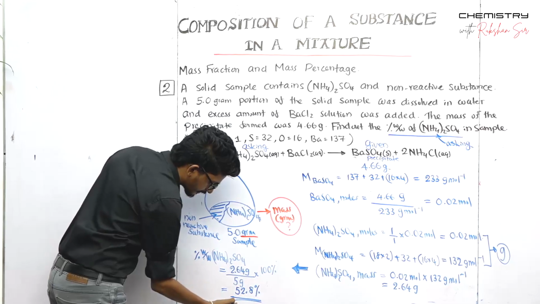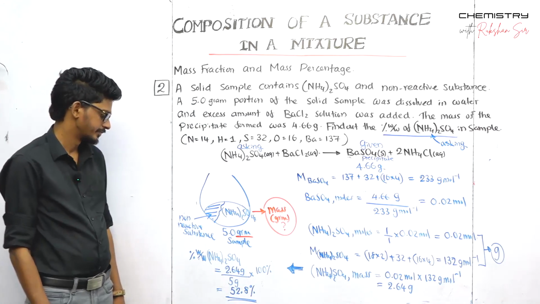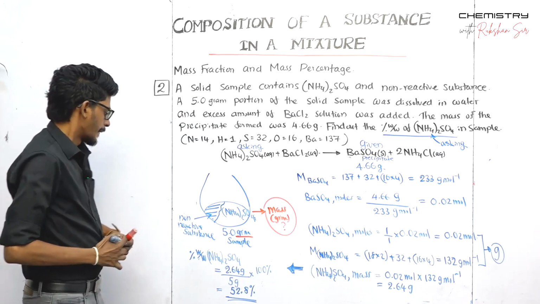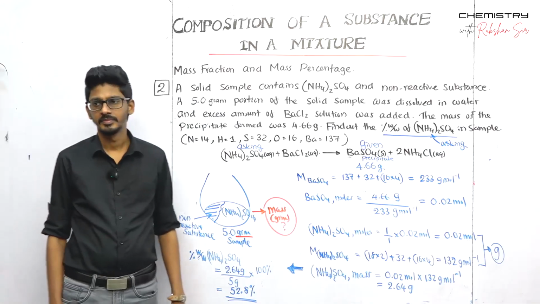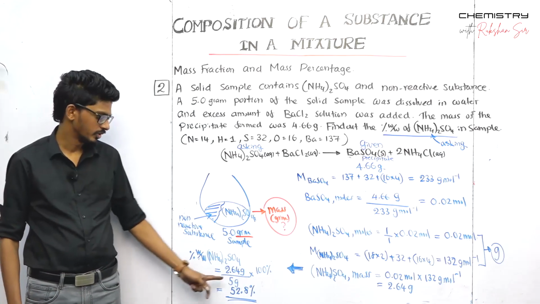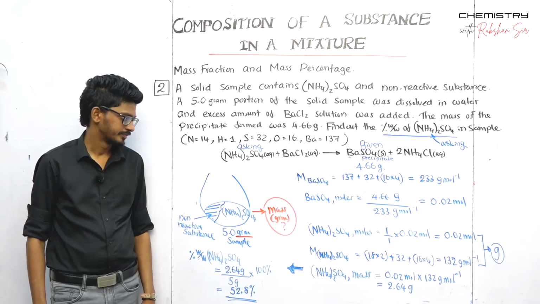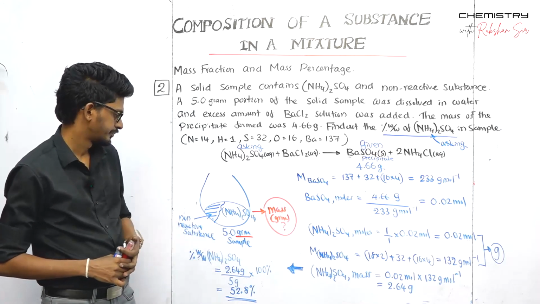So this is the answer. That is your mass percentage of ammonium sulfate in this sample. So that is how we are supposed to come up with the answer. So complete the stuff.